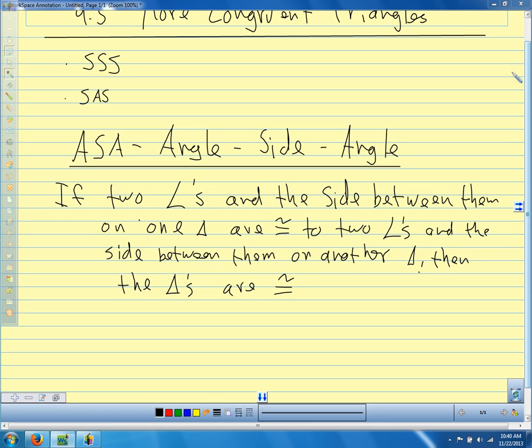And just like we did with the side angle side, the side that's between the two angles is the included side.